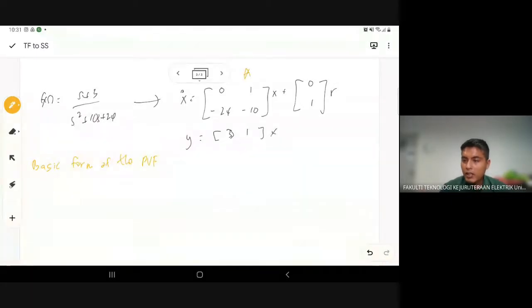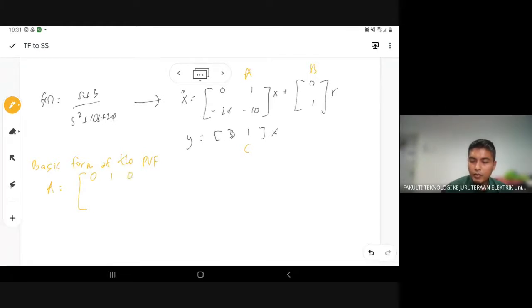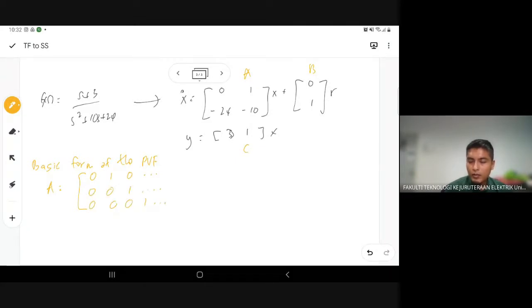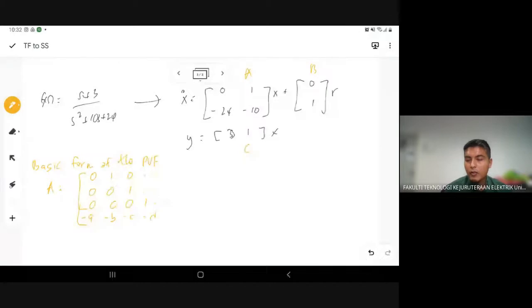This is A, B, C, and D. The A matrix must be in this form: 0, 1, 0, 0, 0, 1, 0, 0, 0, 1, and the last row is negative A, negative B, negative C, negative D, and so on.